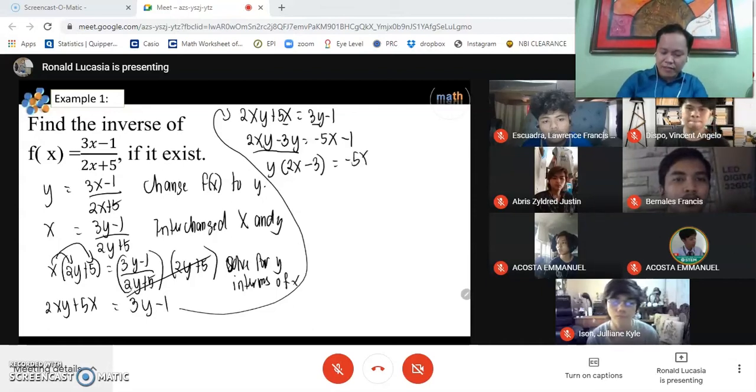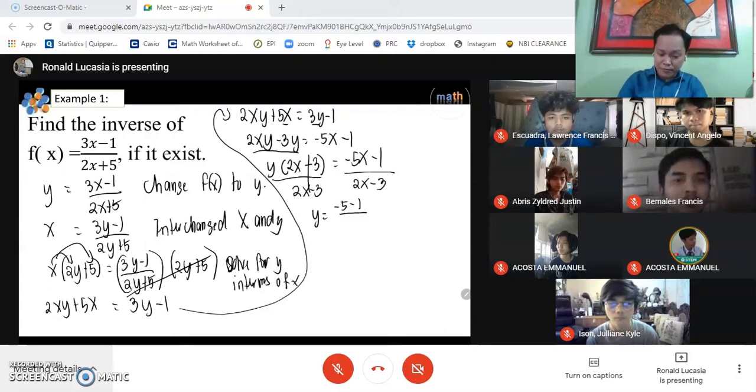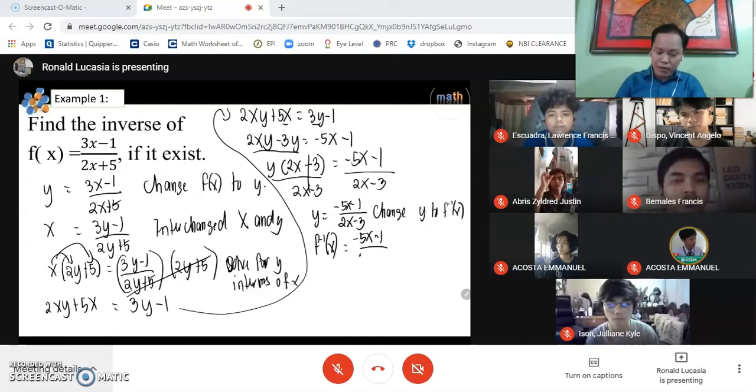That's negative 5x minus 1. And then to isolate y, you have to divide both sides by 2x minus 3. So our y is negative 5x minus 1 all over 2x minus 3. The last step is to change y to its inverse of x. So meaning to say the inverse now is negative 5x minus 1 all over 2x minus 3.